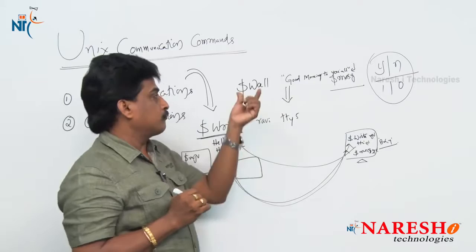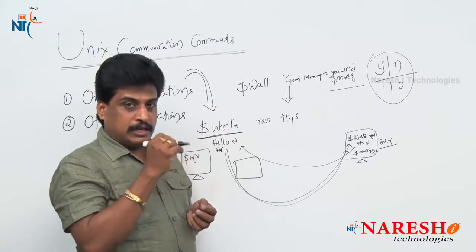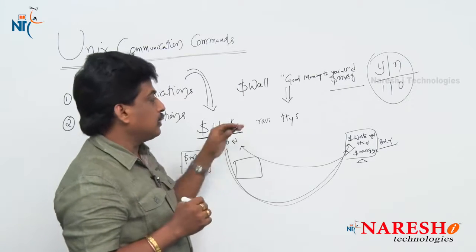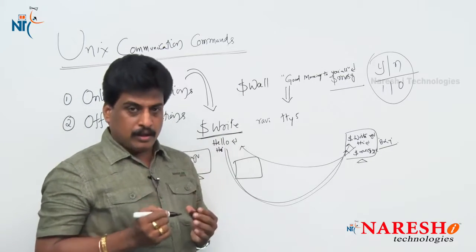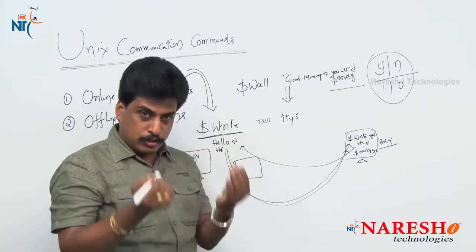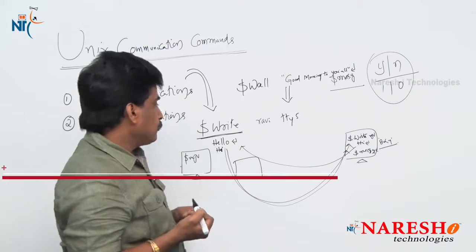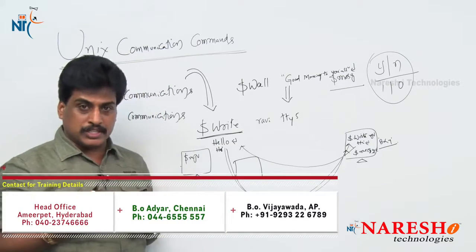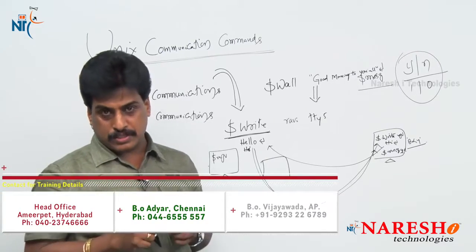Good morning to you all from so and so user, for example, Raju@localhost.localdomain, it gives the address. So if you want to send bulk messages to all users at a time, you use the wall command. Finally, online communications are popularly known as two-way communications.